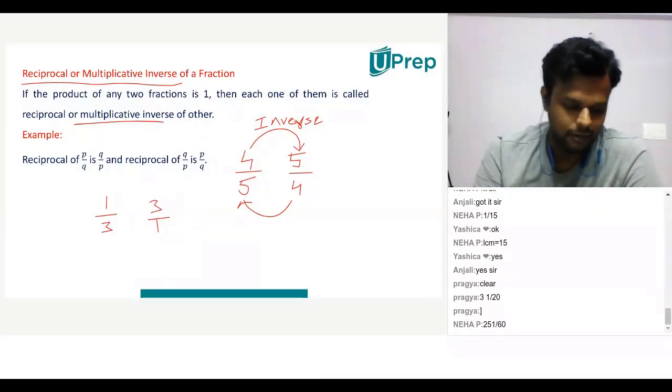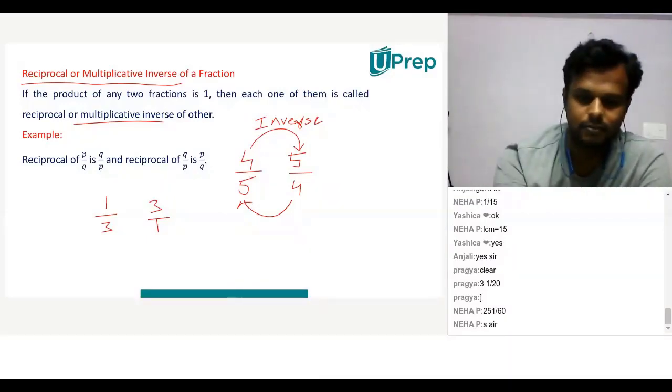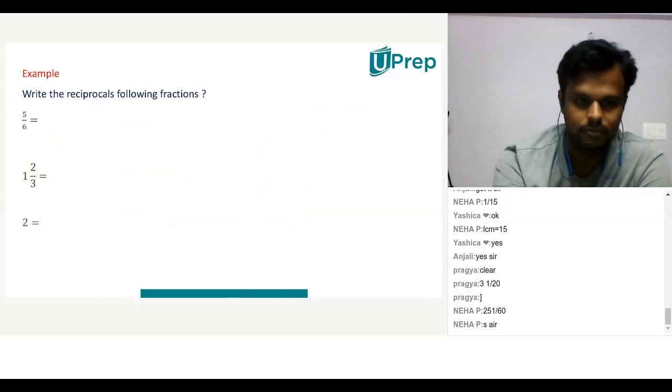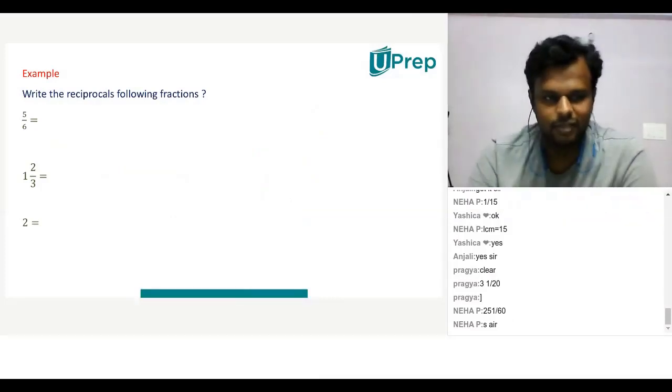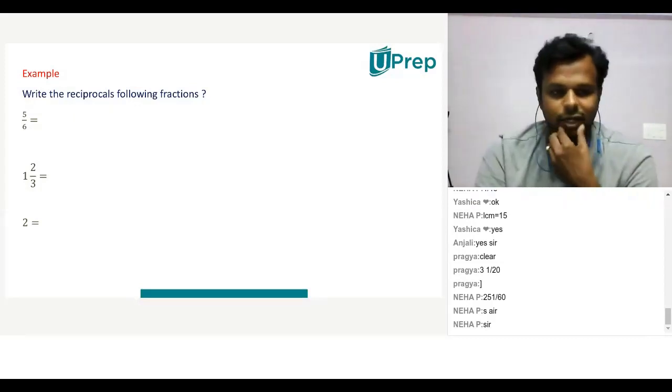Children, can we move on? Yes, sir. Write the reciprocals of these, please. 5 by 6 will be? 6 upon 5. Very good.